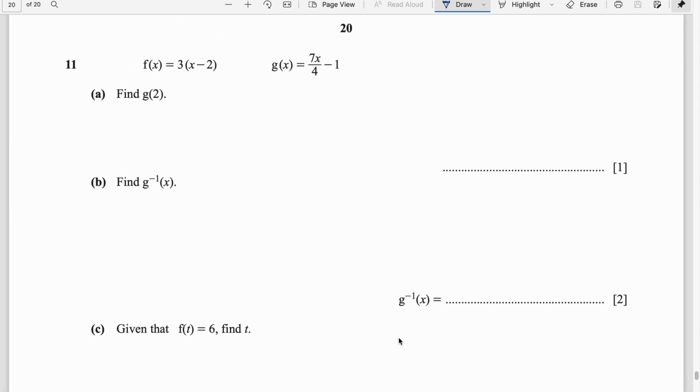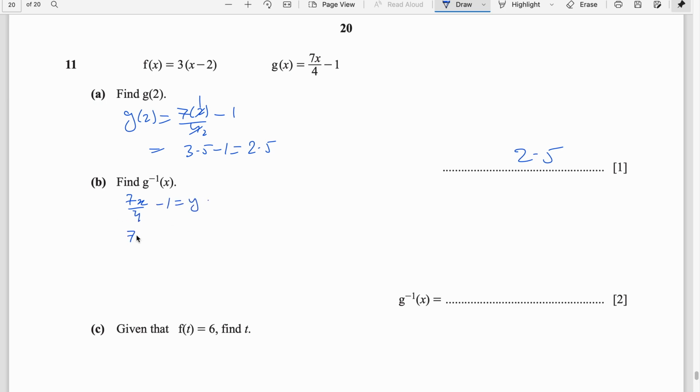Question number 11. Find G of 2. So G of 2 is equal to 7 into 2 by 4 minus 1, which is 3.5 minus 1, is 2.5. G inverse. So let G of x be equal to y.